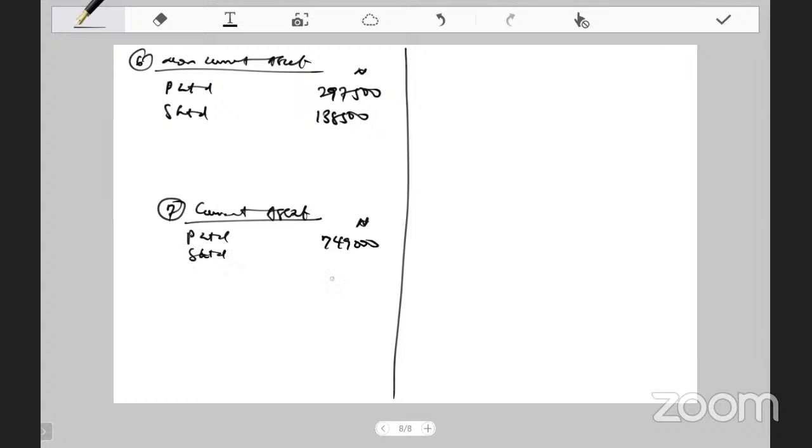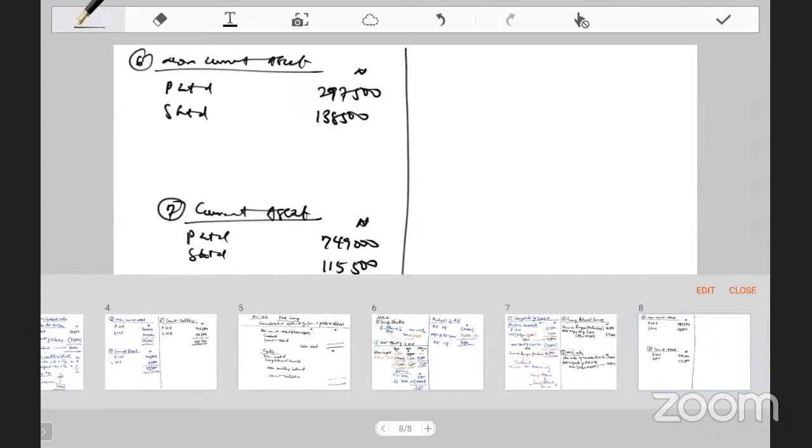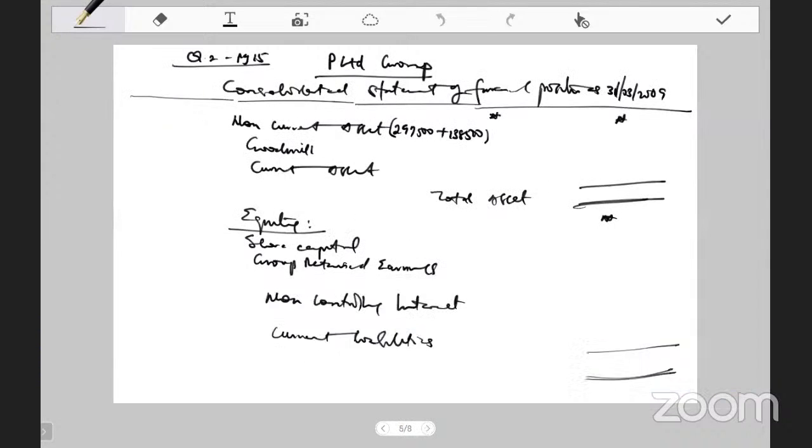That is what? 115,500. So that goes there. For the retained earnings, I won't want to wait too much time. I know that of the parent. And like what I've told you earlier, the value of the parent share capital will not change except there are more issues of shares, and there's none here.